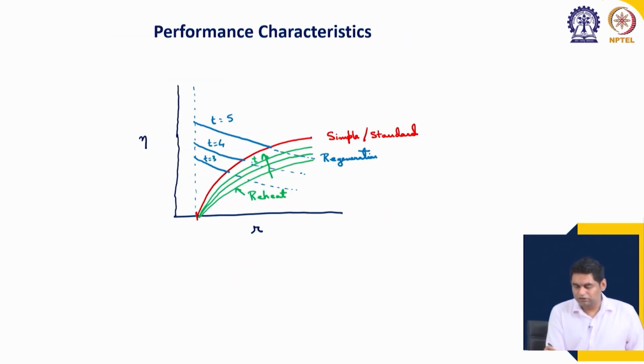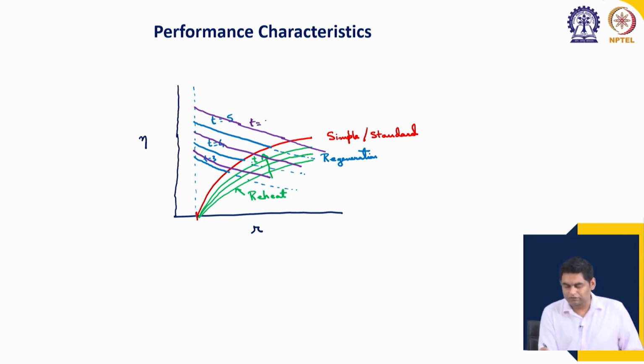So, it will be something like this. The crossover also occurs much later. So, this will be T equal to 5, although the diagram has become complicated, T equal to 4 and T equal to 3.